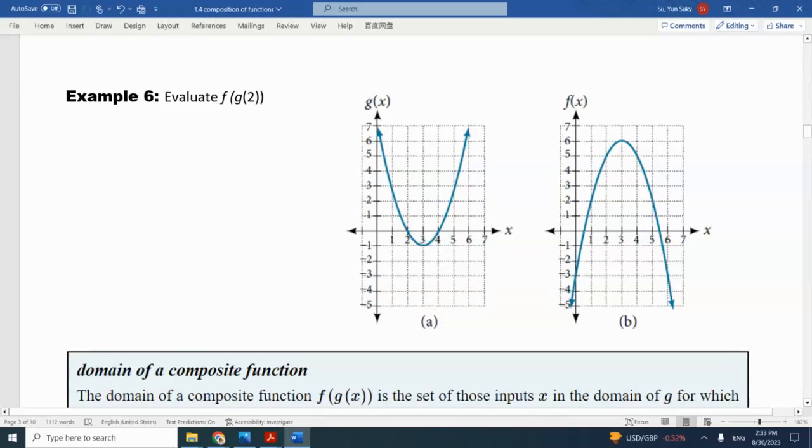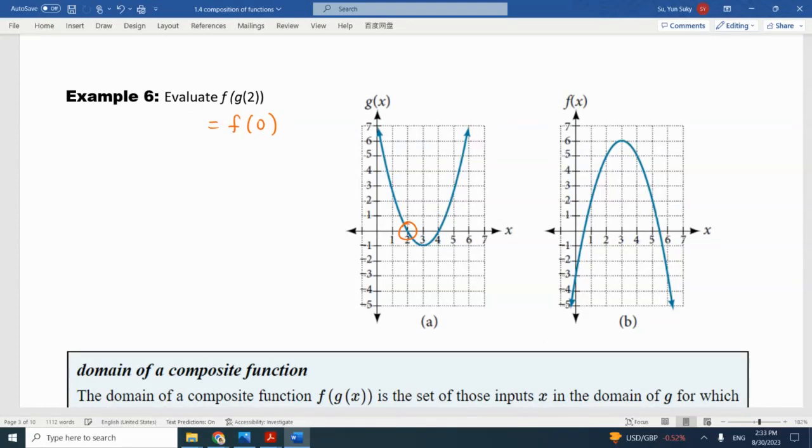Evaluate f of g of 2. Always evaluate from the inside to the outside. So from the inside, what is g of 2? G of 2 is 0.